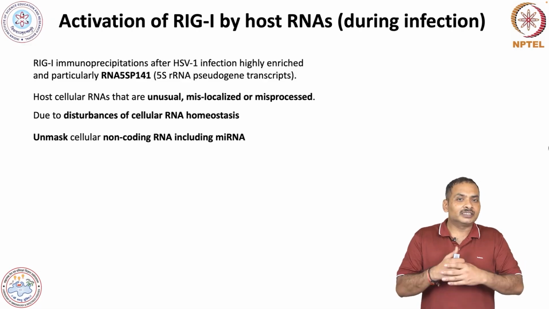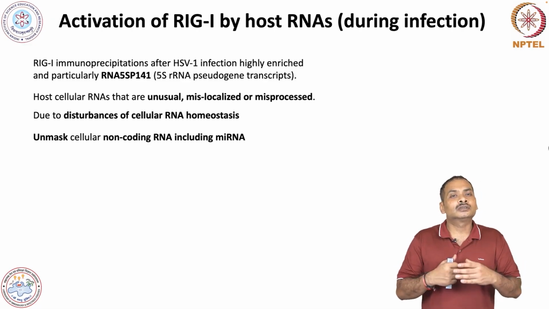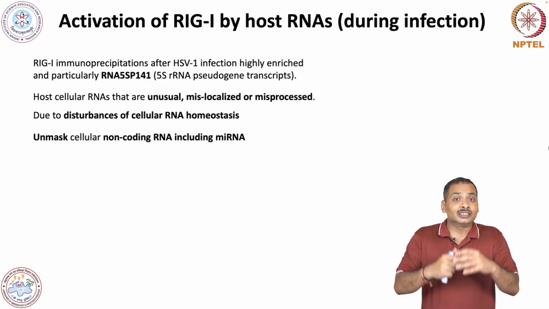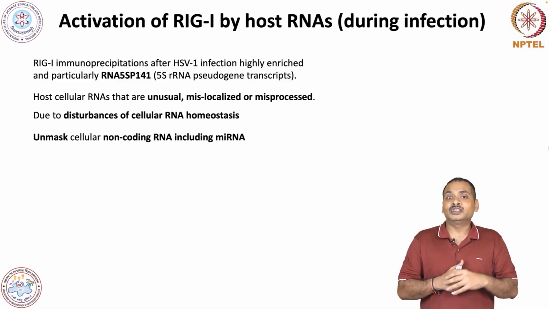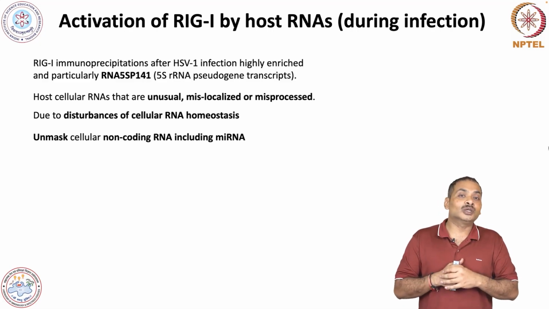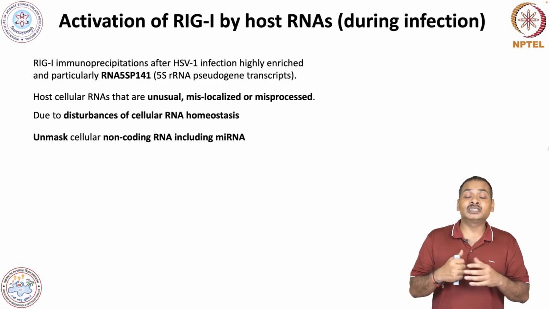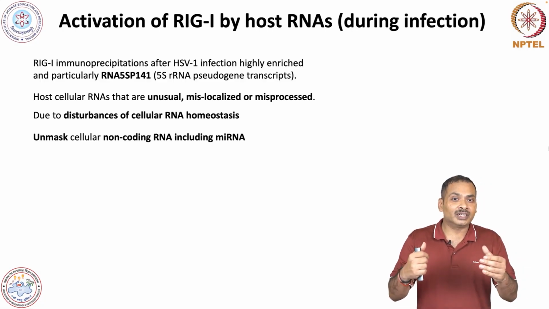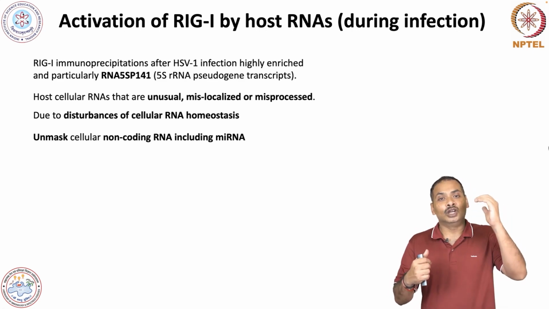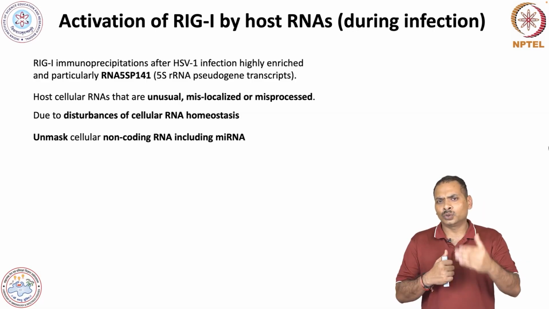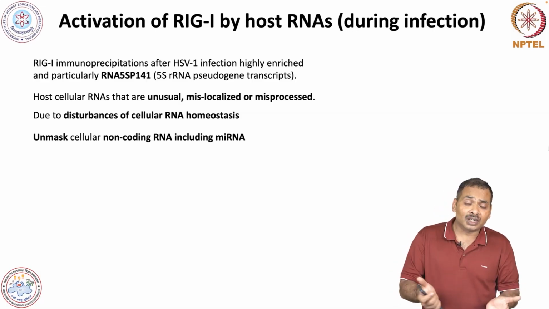So if you see these various species of RNA, they are not just expressed like that. They play a very important role in transcriptional regulation, and this transcriptional regulation is basically carried out by various non-coding RNA. For example, there are long non-coding RNA, there are short non-coding RNA, there are circular RNA.